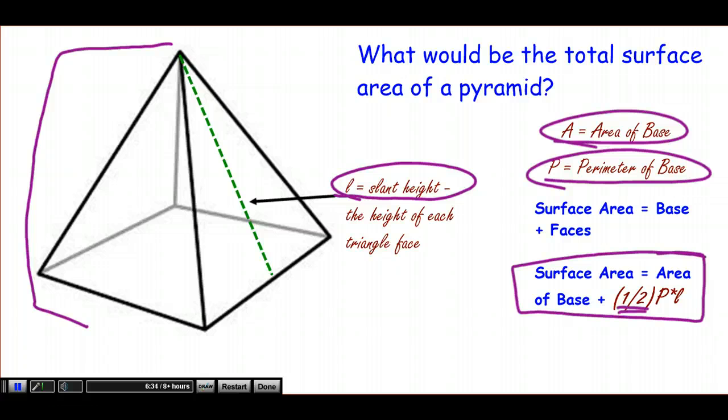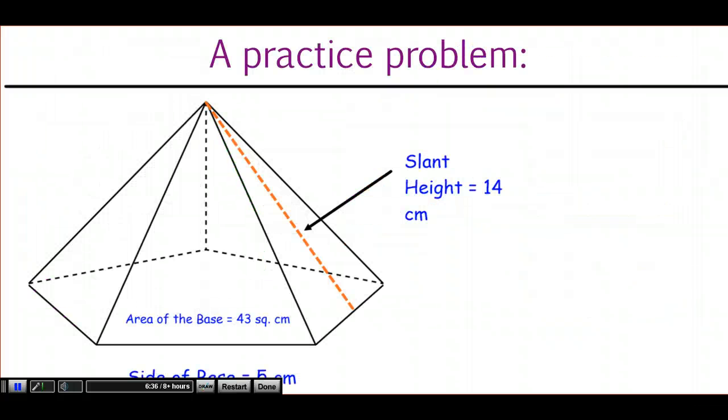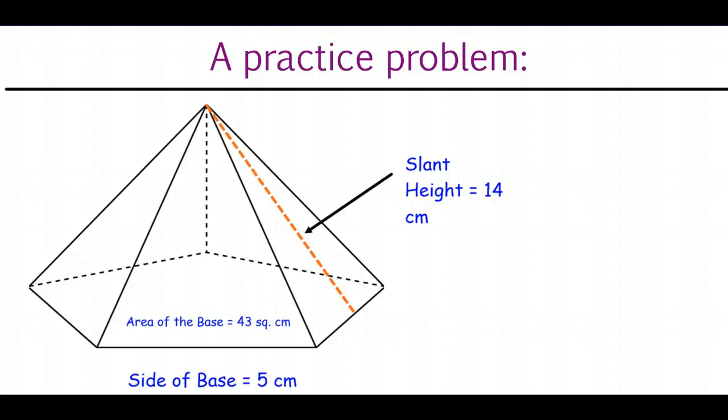So now let's look at an example problem of finding the area of a pyramid. You can go ahead and pause the video if you want to and try to work through the formula. Otherwise, we're going to work through it here. The area of a pyramid is just the base plus 1/2 the perimeter times the slant height. Here we're given the area of the base: 43 square centimeters.